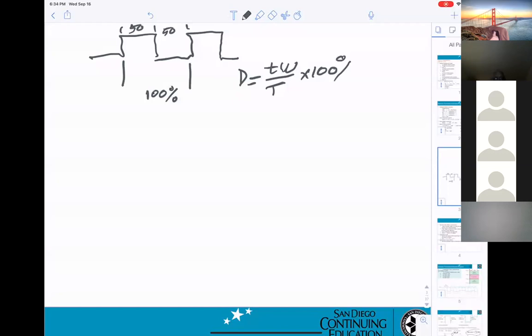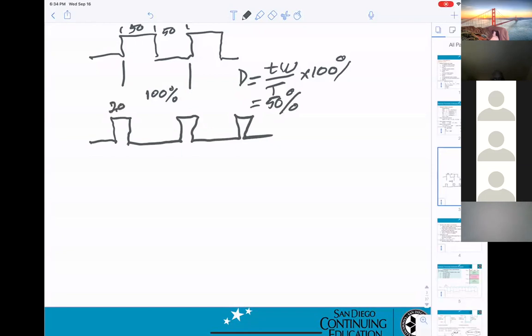That means you get a half and a half, 50%. Now, if you get a signal like this one here, and they give you 20, then that will be 80.